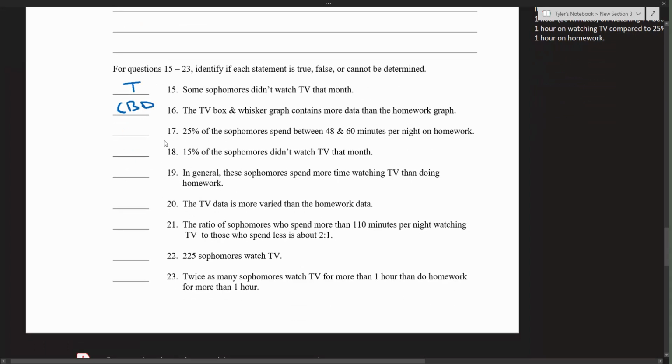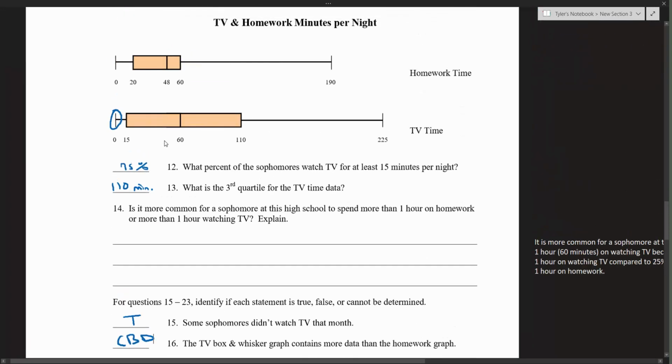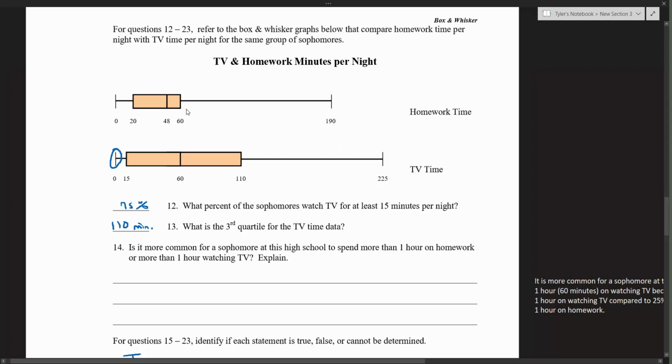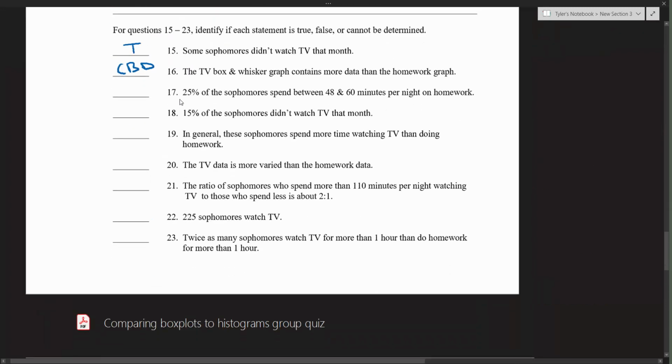Number 17 is 25% of the sophomores spent between 48 and 60 minutes per night on homework. So if we come up here to homework, here's 48, here's 60. So that would be true, because between the median and Q3 would be 25% of the data. And then number 18 says 15% of the sophomores didn't watch TV that month.